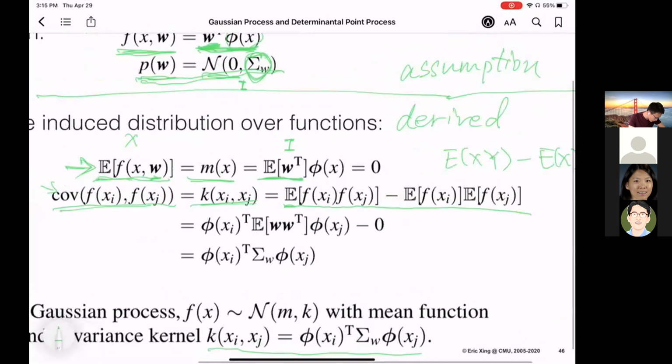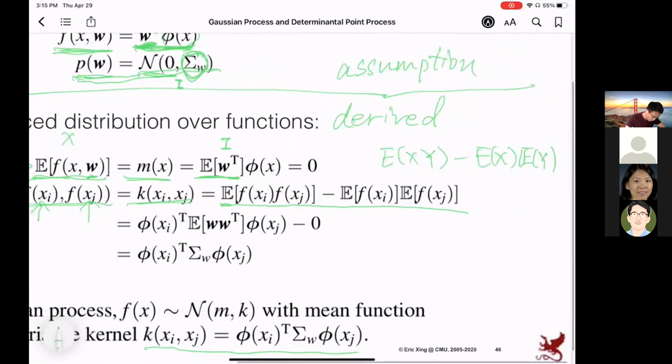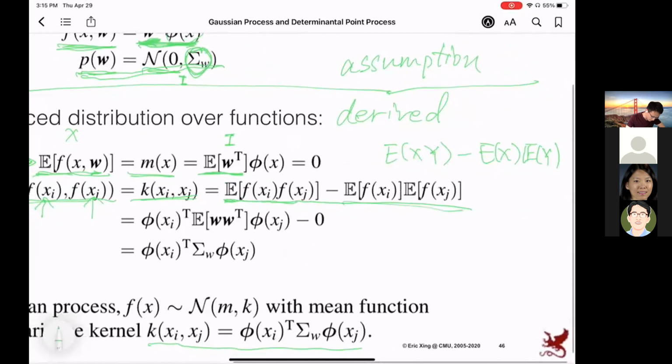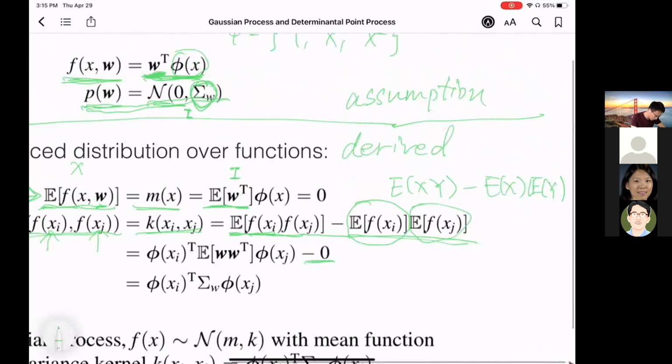So we are interested in two data points, f(xi) and f(xj). According to the formula of covariance, it's just this one here, right? For the second term, because we know each of them has expectation 0, this term will just vanish, so we get minus 0 here. For this term, we can plug in f(x) equals W transpose phi(x), and then we take x out of the expectation because there's no randomness in x.